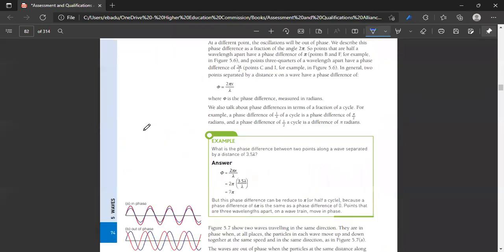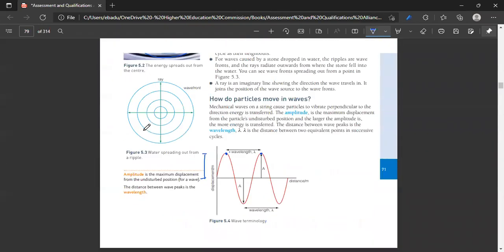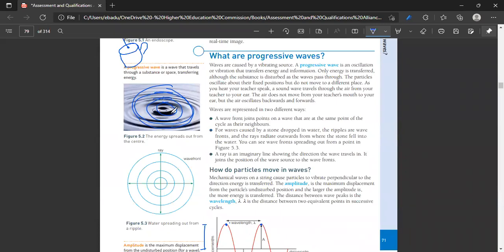Even if you see this particular image where we discussed a wave traveling through a cup of tea, this is the pattern depicted by the wave.